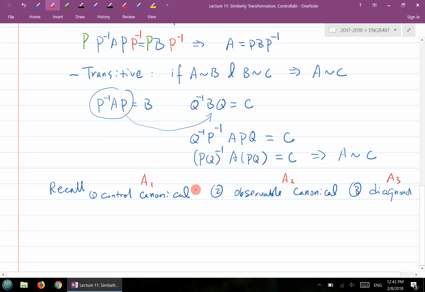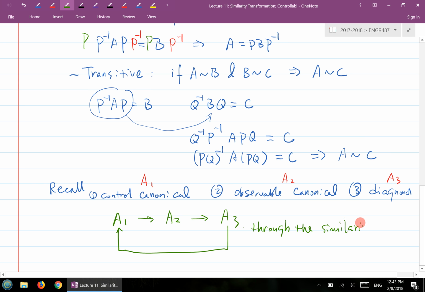Now using the similarity transformation concept, if you start with A1, you can find an appropriate non-singular matrix P to transform that into A2. We can transform that into A3, and A3 can transform back to A1. So all of this you can do using the so-called similarity transformation.